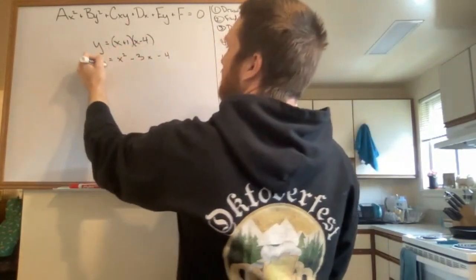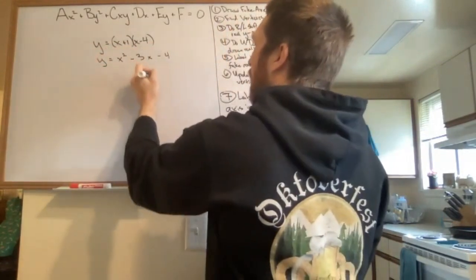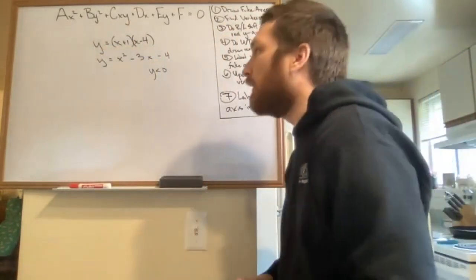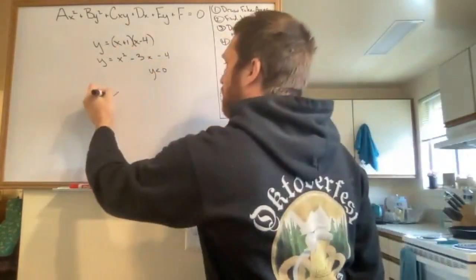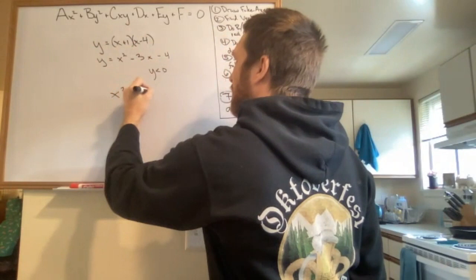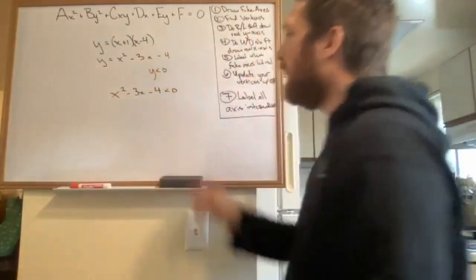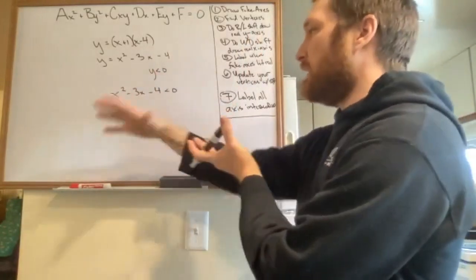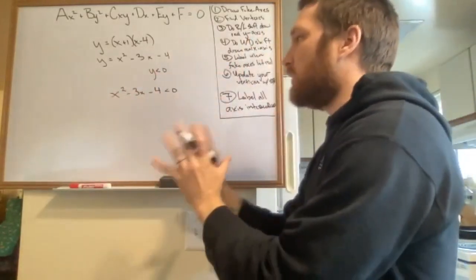If you just had this and you wanted to figure out, hey, where is y less than 0, your life would be pretty hard, because you would be like, well, okay, x squared minus 3x minus 4 less than 0. And you could be playing with this all day. It would be a real pain to try to do that.